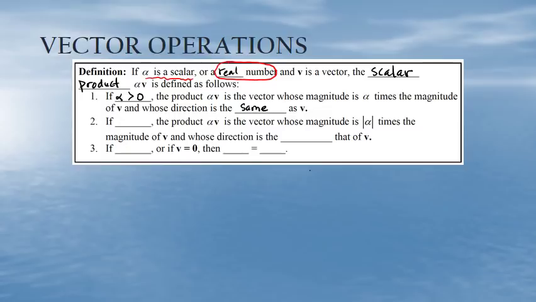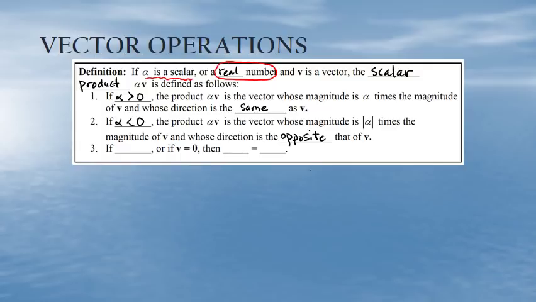Number 2, if the scalar is less than 0, so it's a negative number, then the vector is going to have the absolute value magnitude times the magnitude of v, and whose direction is the opposite.